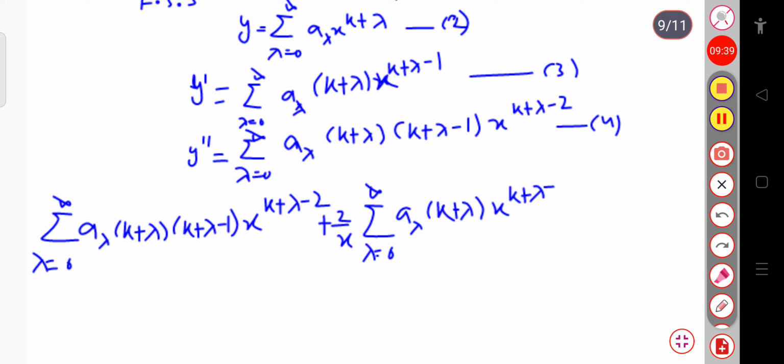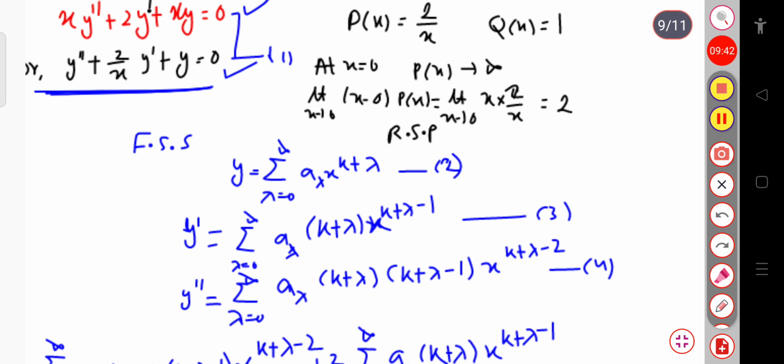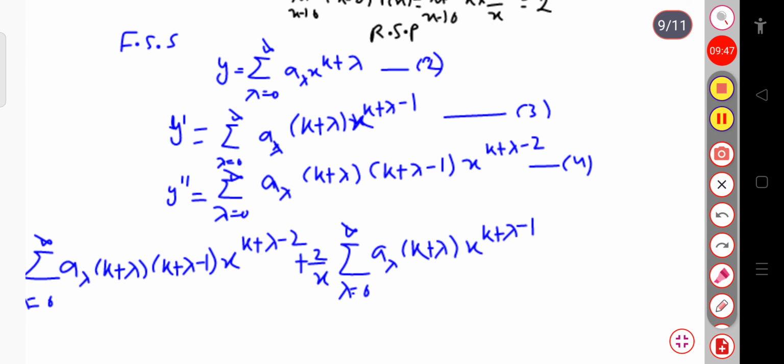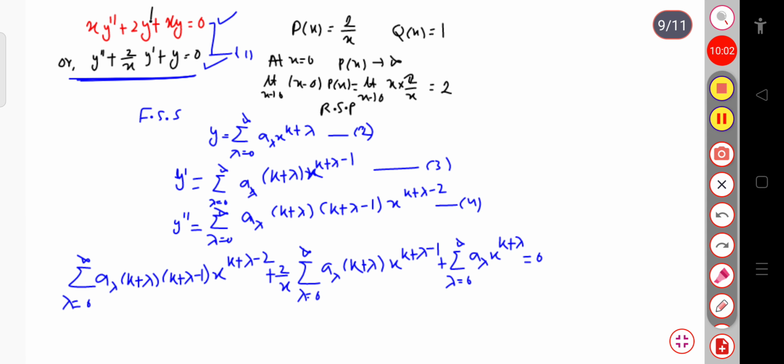Now plus y equal to 0: in equation 1, plus y means plus the sum over lambda 0 to infinity of a lambda x power k plus lambda, that is equal to 0. I have already substituted equations 2, 3, 4 in equation 1. So y double prime equals this much, plus 2 by x into y prime is this much, plus y equal to 0.